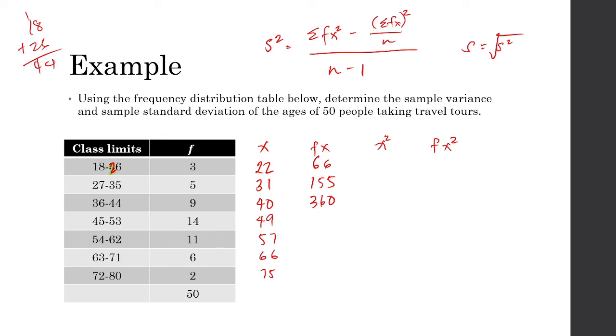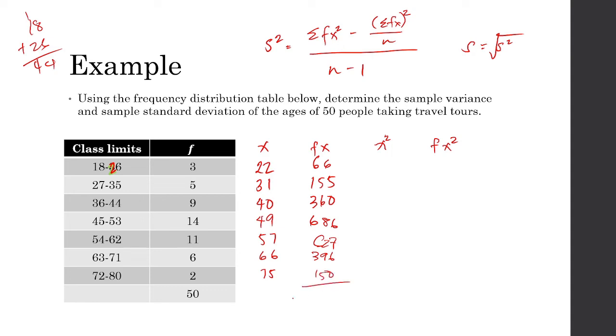Ito na yung mahirap. 49 times 14 is, so we have there 686. Then we have there 11 times 57, that will be 627. And we have there 6 times 66. So we have there 396. And we have there 2 times 75, that would be 150.